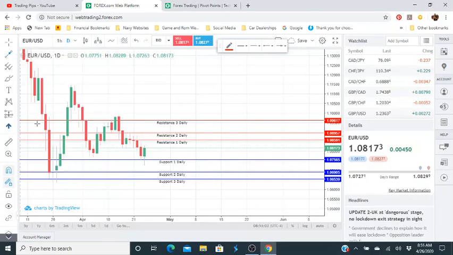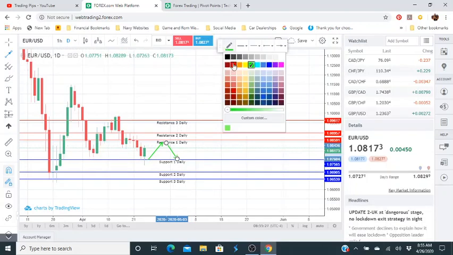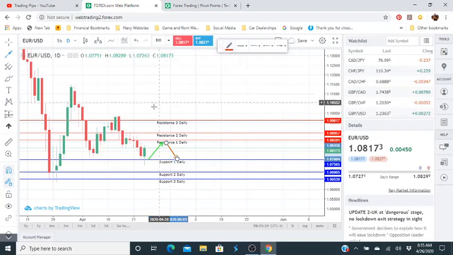So we'll say that from there, we can go up to there. We'll change that to green. We can head up, and then it's a possibility that from there, we can go down right around that support line. We'll change that to red so you guys understand.